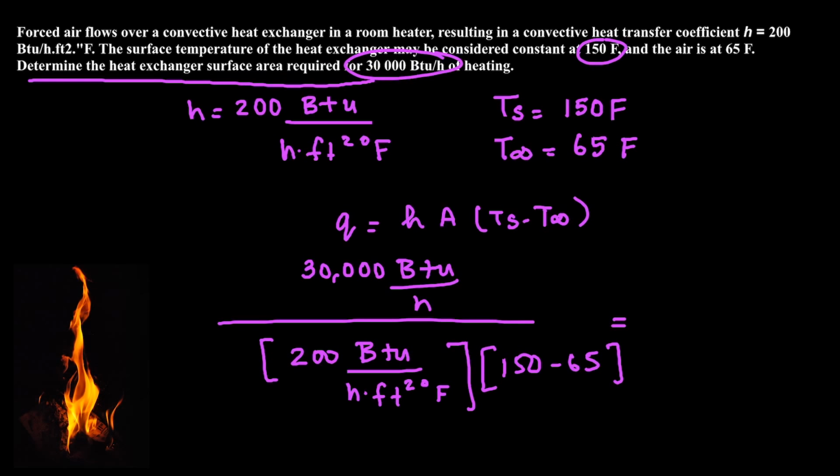Now 30,000, divide that by that number. 1 point, had some calculator issues there. 765 feet squared. And that's your area.